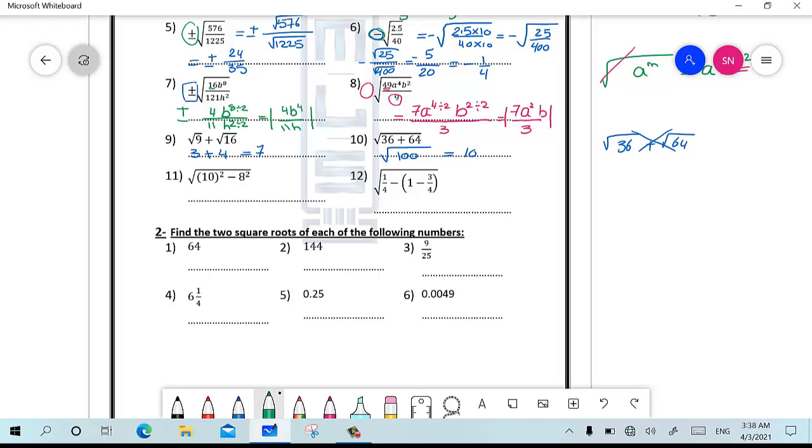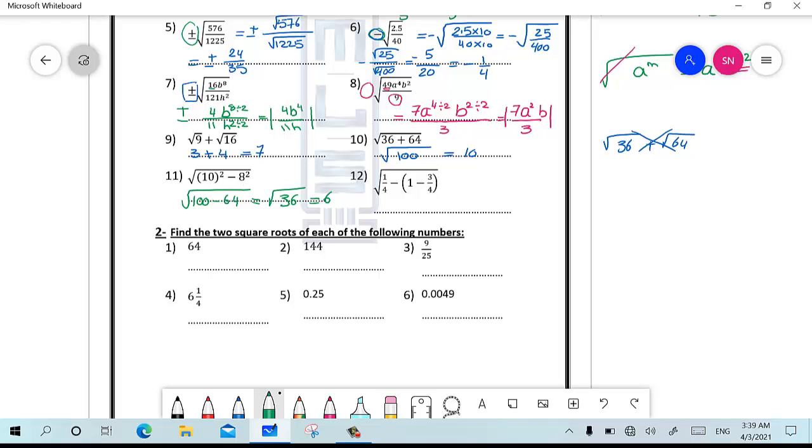But since I'm performing subtraction or addition, I must go and find the answer under the square root first. So this means I'm having the square root of 100 minus 64, which is equal to the square root of 36. Now I know that 36 results from the multiplication of 6 by 6, so the square root of 36 is 6.